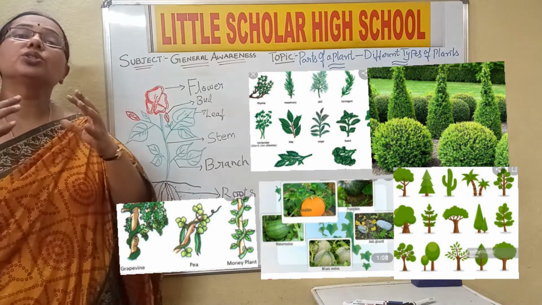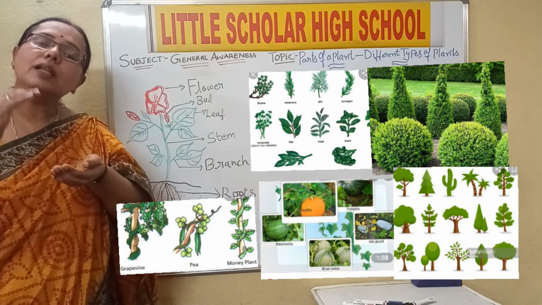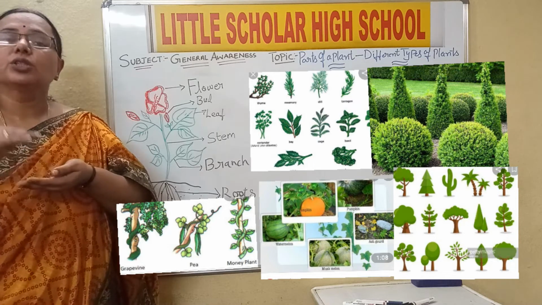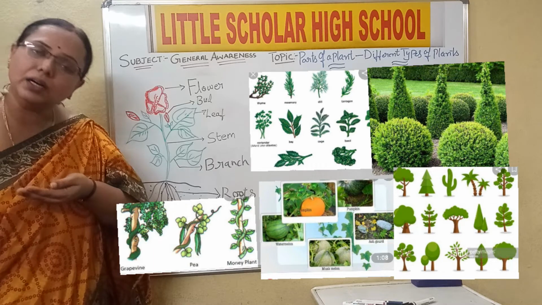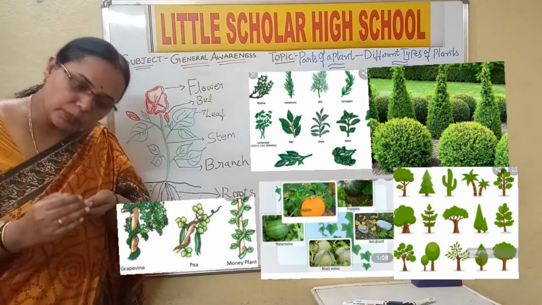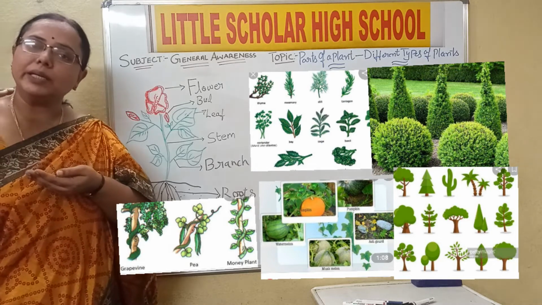Then it is the shrubs. Shrubs are a little bigger than the herbs. So first one are herbs, the next one are the shrubs. Shrubs are a little bigger in size.